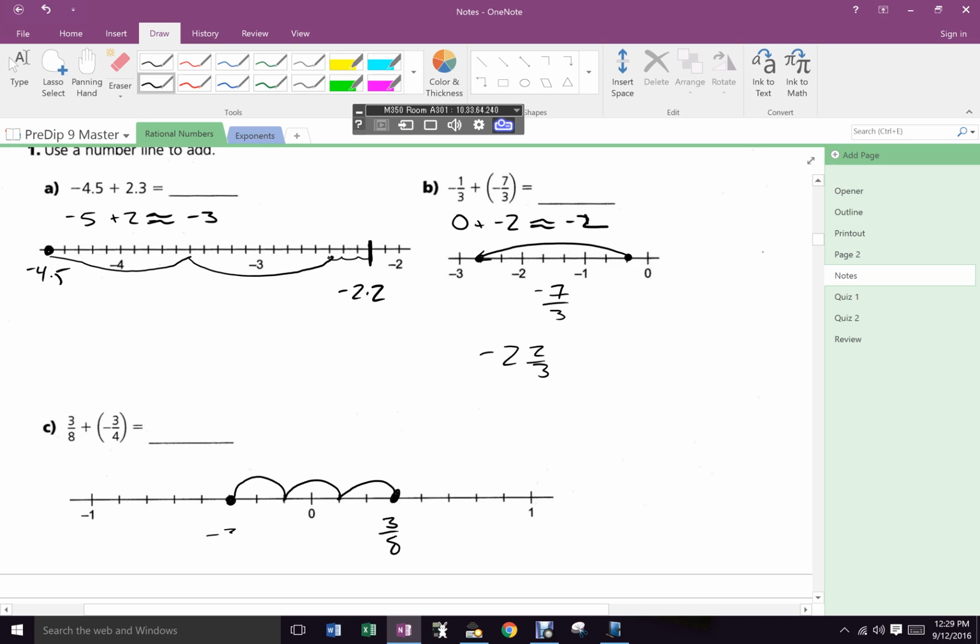Negative 3. 1, 2, 3. What is it? 3/8. Does that make any degree of sense? No. I guess I can use the denominator. Yeah, because if you change the denominator, it's negative 6. So this, if you change the denominator, becomes negative 6/8, right? 1, 2, 3, 4, 5, 6. Still negative 3/8.